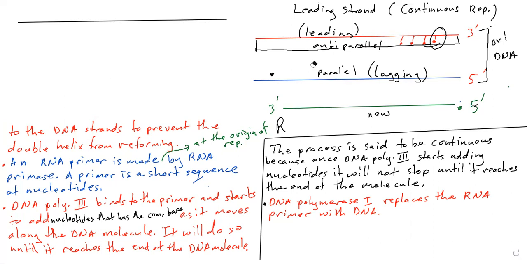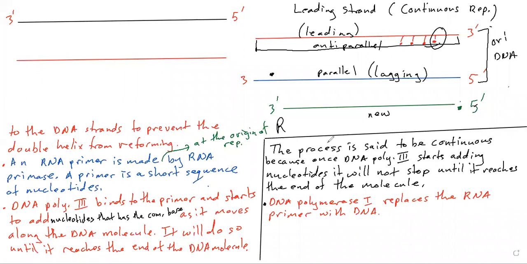So new DNA has to be made so this is my new DNA in red. Now, as you can see, the original strand, which we described as the lagging strand, was 3' and 5'. 3' here, 5' here.